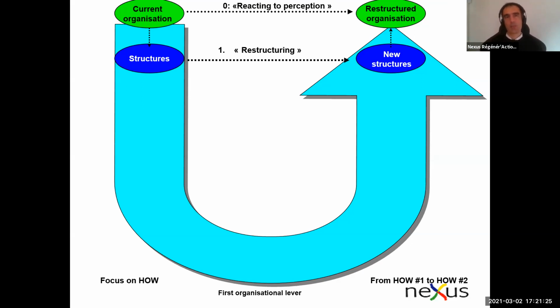And we're going to say, well, our structures may not be adequate anymore. We need to change them. We need to restructure. So typically, as you know, in a religious congregation, this may mean merging some provinces together. We've got too many provinces, let's merge them together. That will solve our problem.